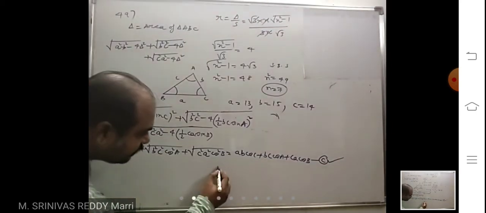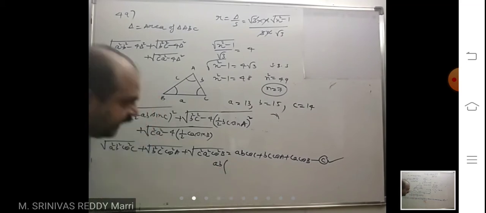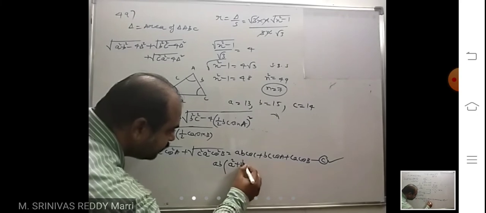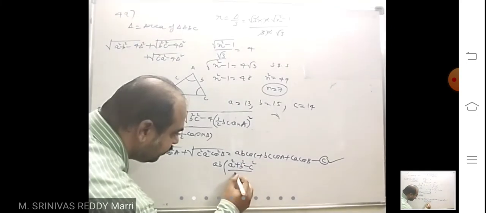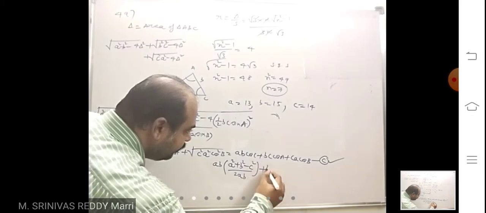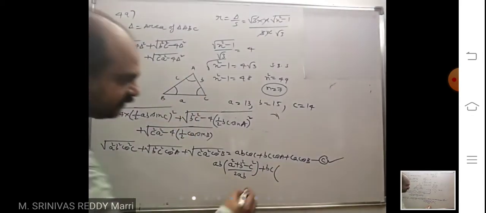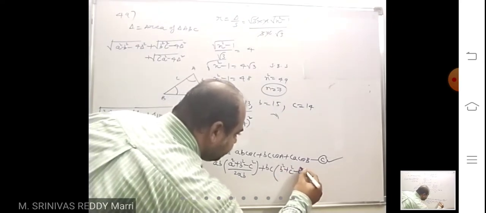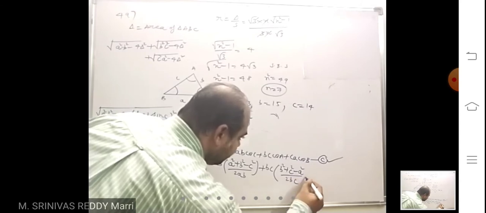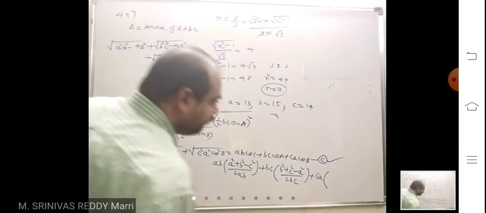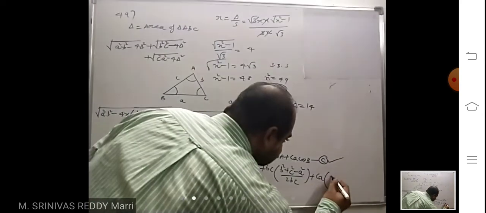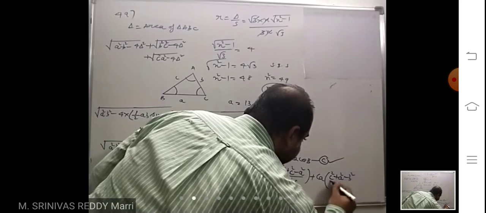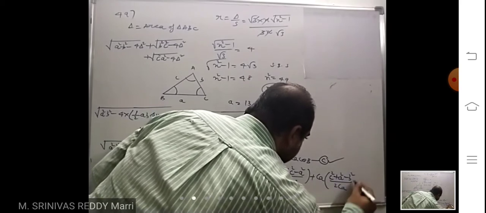Now you can write the cosine rule and simplify this. AB into cos C, which is A square plus B square minus C square divided by 2AB. BC into cos A, which according to the cosine rule is B square plus C square minus A square divided by 2BC. Plus CA into cos B, which is C square plus A square minus B square divided by 2CA.